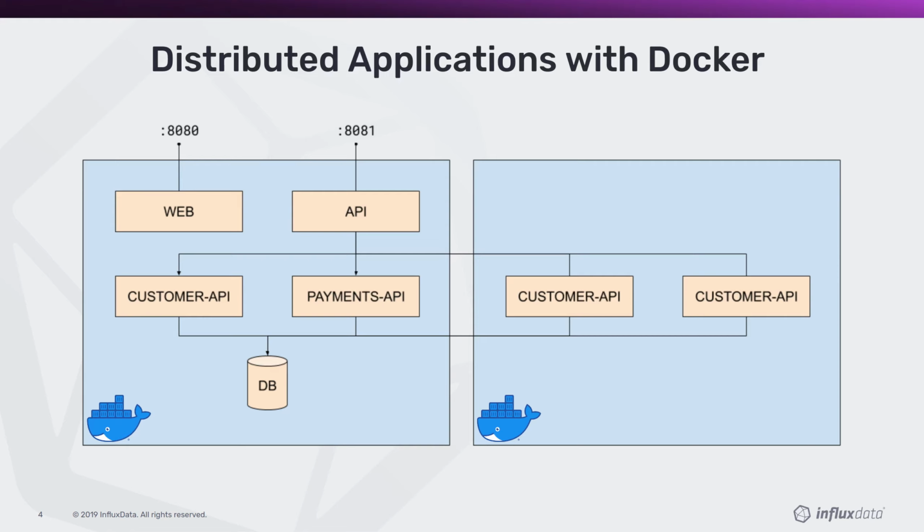Now, apart from the service discovery and routing issue, which I'm going to gloss over at the moment because I don't want to get into Docker Swarm, what we have now is two hosts with two Docker daemons in order to run all of our containers.